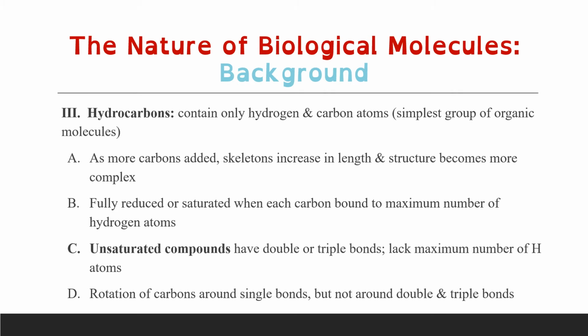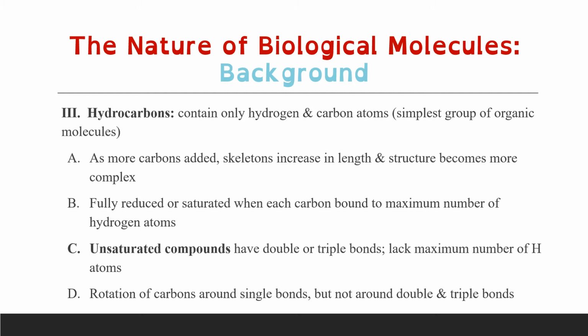Next, we have the hydrocarbons. They contain only hydrogen and carbon atoms, and they are considered to be the simplest group of organic molecules. As more carbons are added, skeletons increase in length and structure becomes more complex. So the most common type of your hydrocarbon is the ethane, which has the formula C2H6.